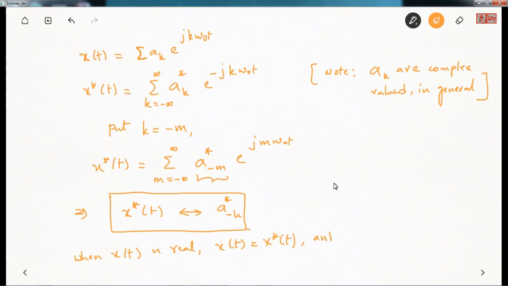So if x of t is the same as x conjugate of t, then its Fourier coefficients will be the same as the Fourier coefficients of x conjugate of t. That means a_k is equal to a_minus_k conjugate. So this is called conjugate symmetry.